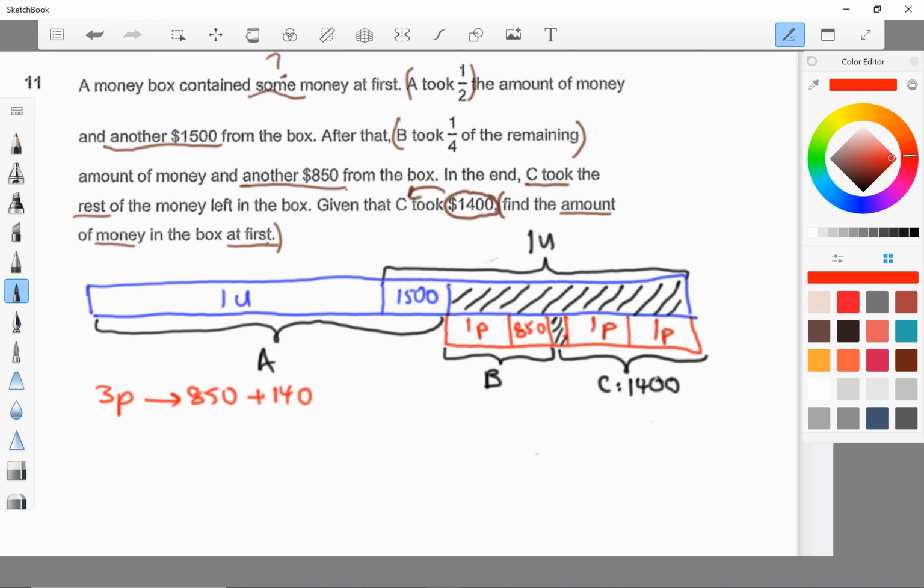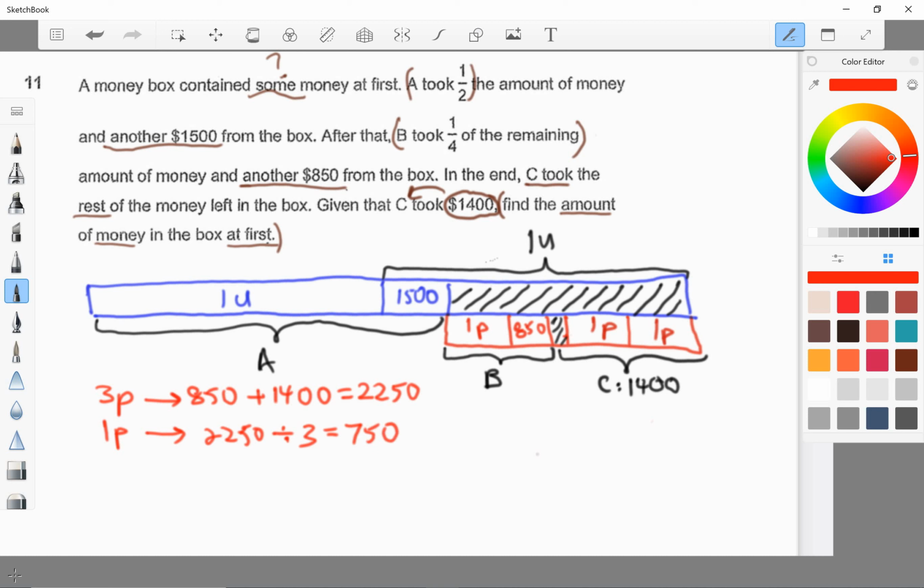So 850 plus 1,400, which gets us to 2,250, has got to be 3 parts. So 1 part will be 2,250 divided by 3. If I do that, my answer will be 750.